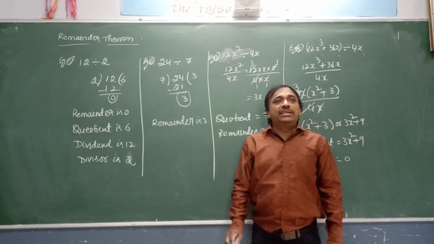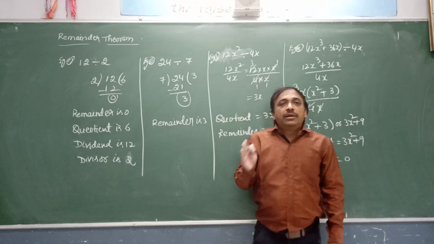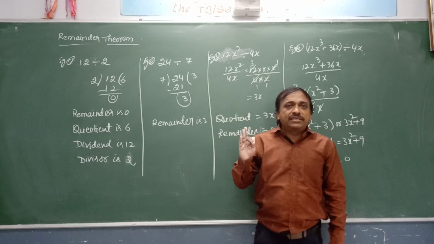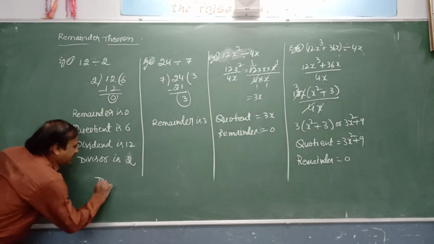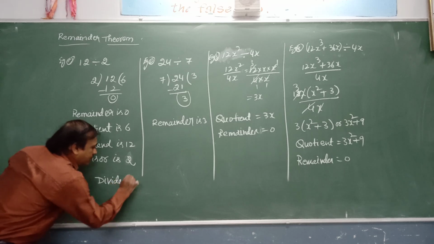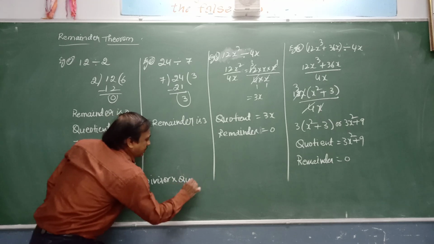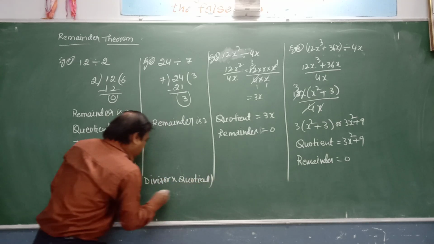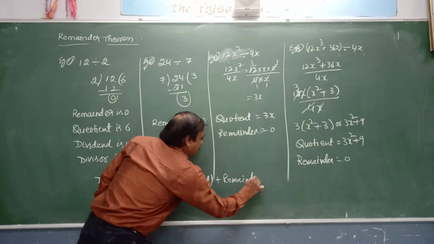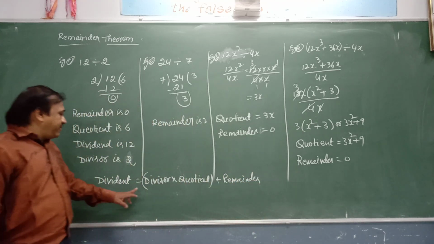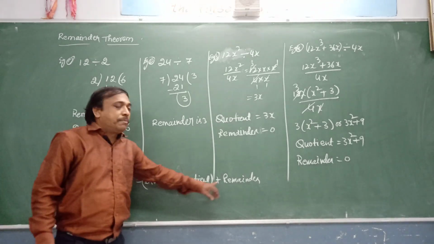Dividend is equal to divisor into quotient plus remainder. We will check it with one example here.